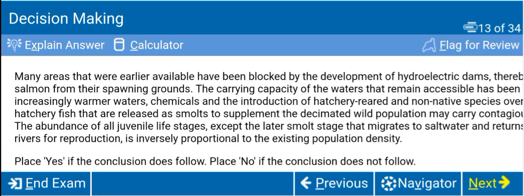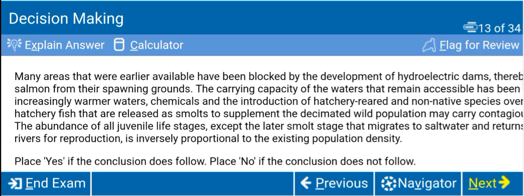The hatchery fish that are released as smolts to supplement the decimated wild population may carry contagious diseases.